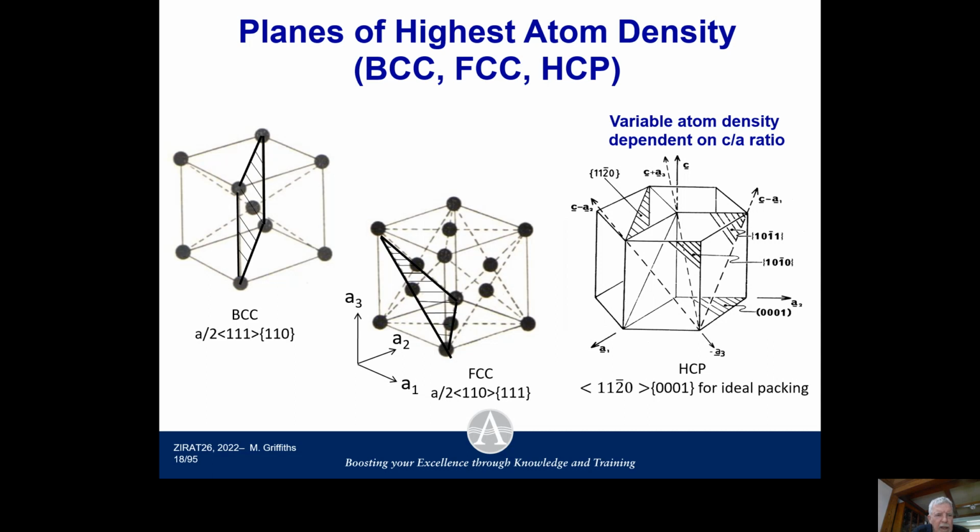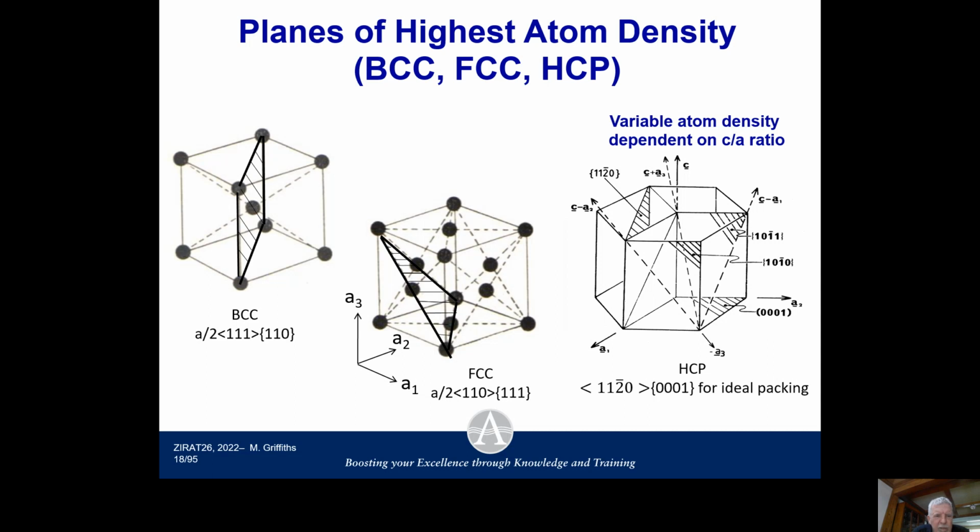plane in the BCC, I didn't draw that very nicely, is this one. It's a bent Burgers vector there. And it's on this plane. And likewise, the Burgers vector in an FCC is a 110 Burgers vector. It's this one.